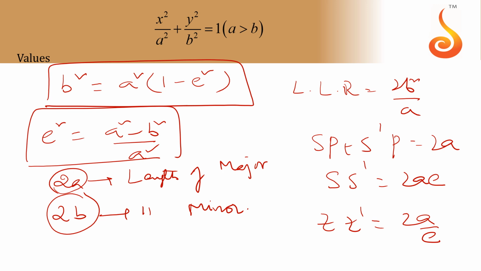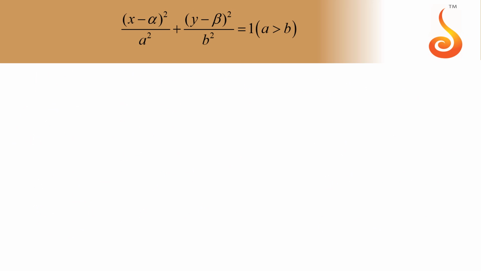See, if you observe the figure, you can develop all of these. So when you understand these things, you can find them for the other ellipse, the vertical ellipse, also. Okay, before that, let us see the shifted horizontal ellipse. As I said in parabola, here also it is valid. Now this alpha comma beta is the center.